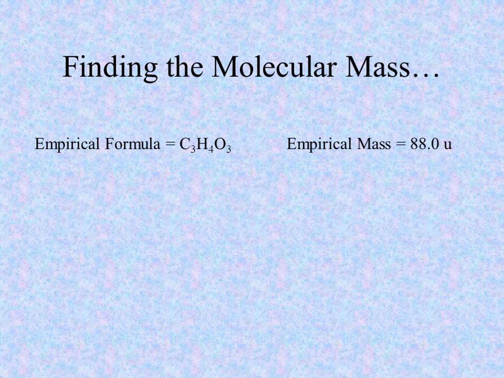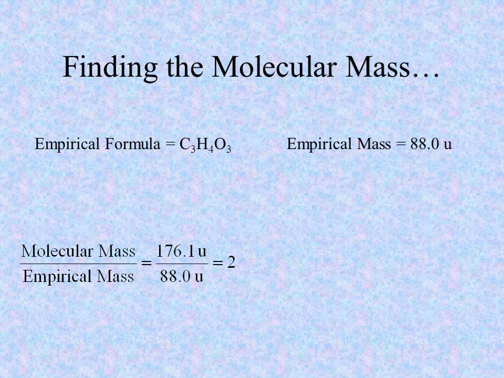Once we have that empirical mass, we were given the molecular mass in the problem itself, so we divide the two. And when we divide 176.1 atomic mass units by 88.0 atomic mass units, we find that, rounded off to the nearest whole number, it comes out to be 2.